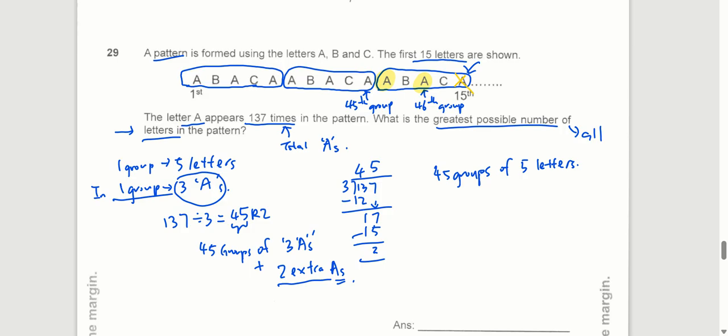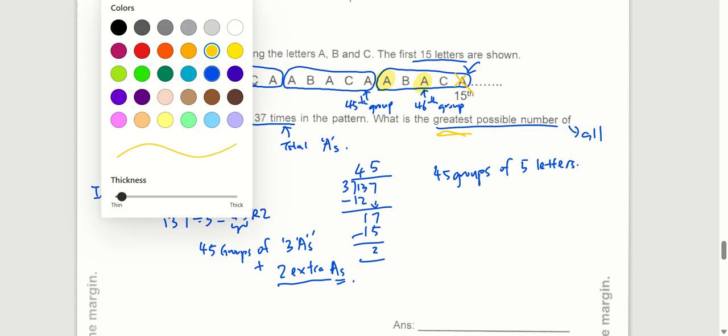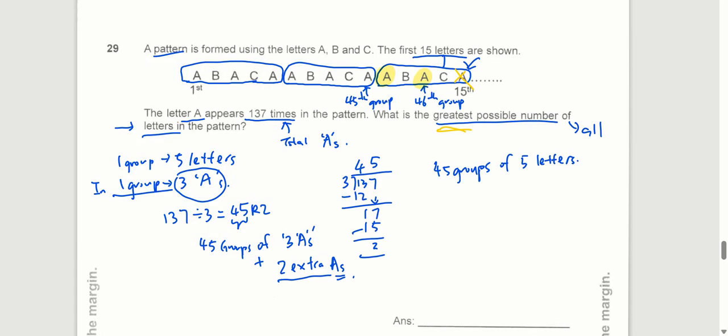You can't be taking the next A. But you want the greatest possible number of letters, so you are going to stop right here, letter C. So 45 groups of letters plus 1, 2, 3, 4, 4 more letters for the entire group, which will mean 45 times 5, 225, plus 4, there will be 229 letters altogether. That's the greatest possible number of letters in the pattern.